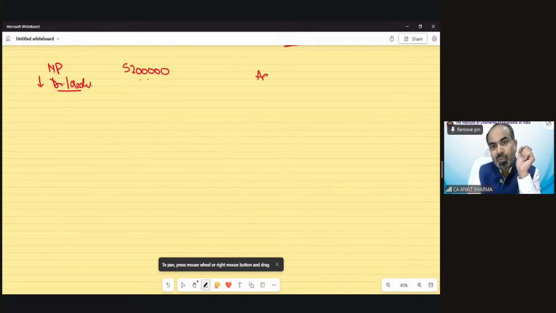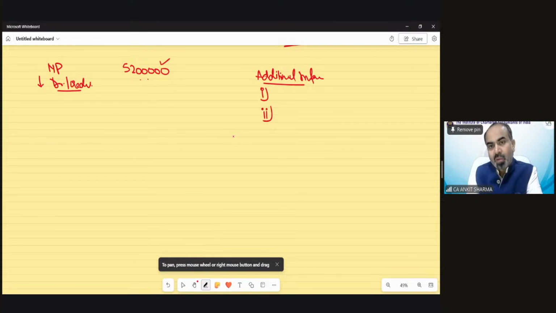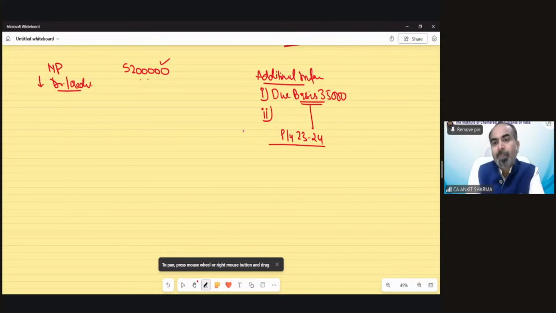Now additional information always means something in the question that is not yet treated to arrive at this profit. Point number 1 says there was an expenditure which has been claimed on due basis. 35,000 rupees expenditure was claimed on due basis in the previous year 23-24 profit and loss account.